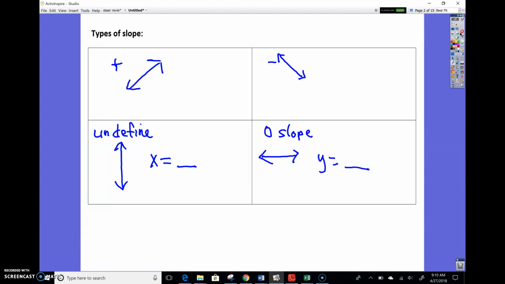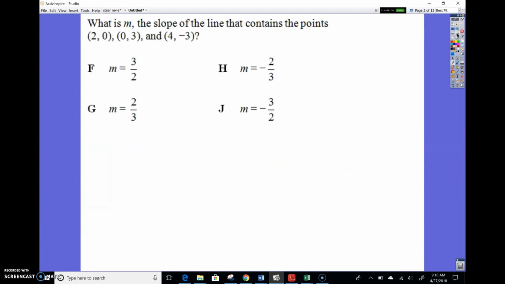All right, the first one, they give you points. So I'm going to just pick 2. You don't have to pick more than 2. So m equals y2 minus y1, 3 minus 0. The question is, what is the slope? 3 minus 0, and then x2 minus x1, 0 minus 2. 3 minus 0 is 3, 0 minus 2 is negative 2.